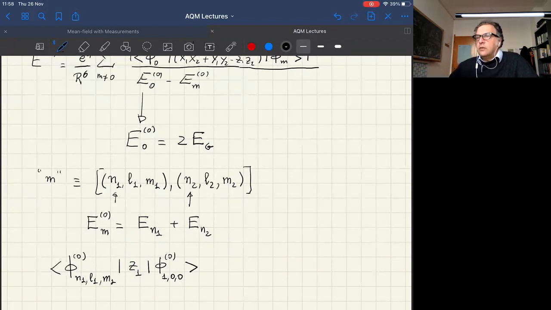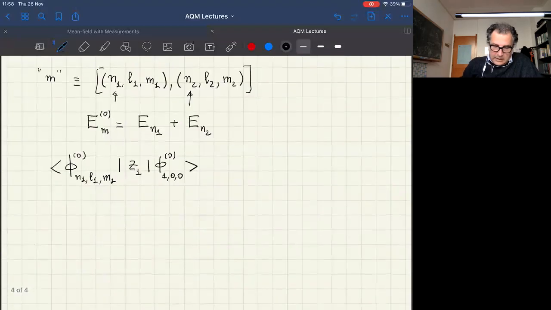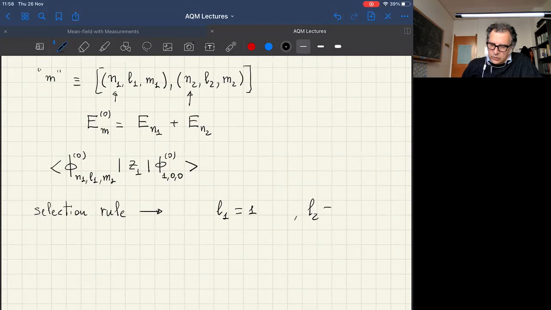And what you have to find, I'll tell you, is that there is a selection rule which tells you that l1 should be equal to 1 and l2 should be equal to 1. Sorry, I wrote 2, but it is 1.